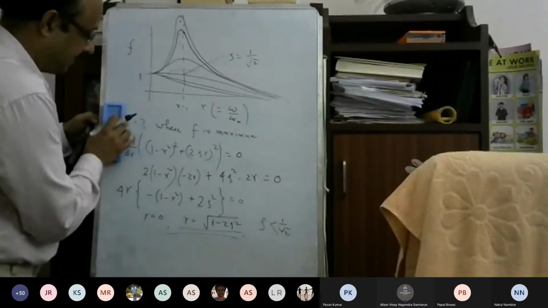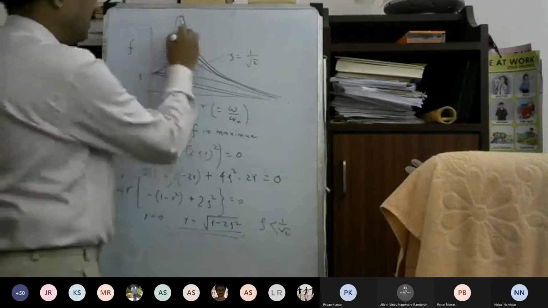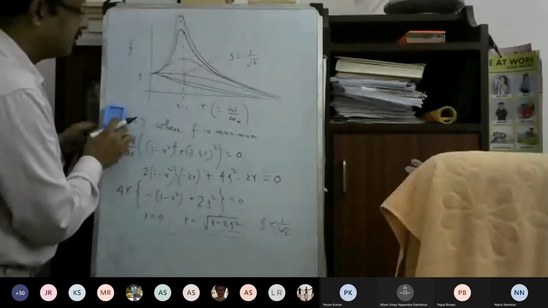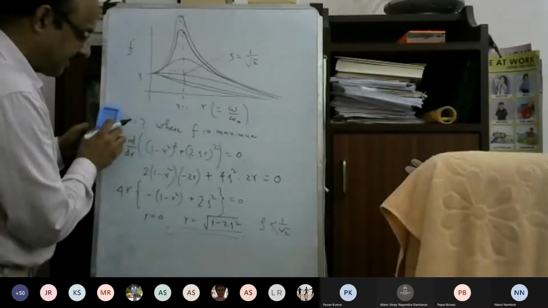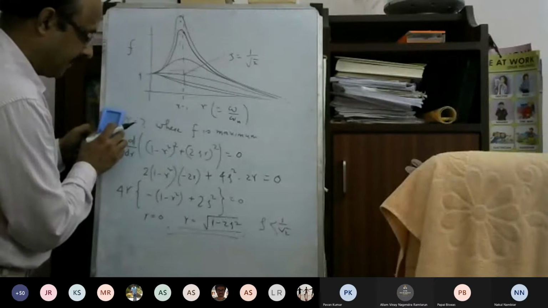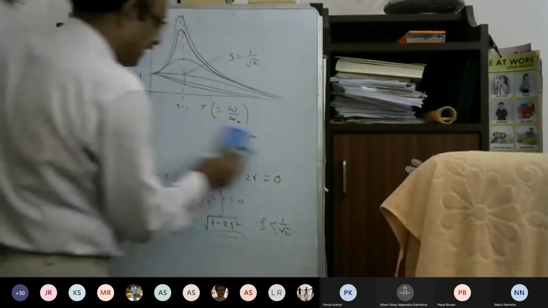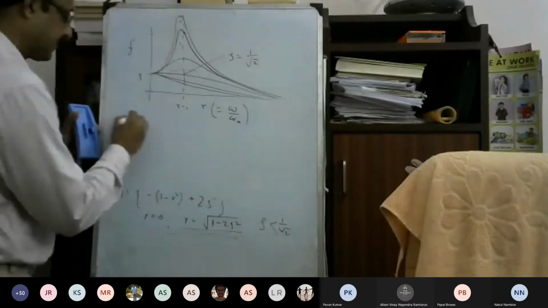Let me put it that way: at R equal to 1, its value is this one, but its maximum value is a little bit more than 1 by 2 zeta. So let me find out what the maximum value is.